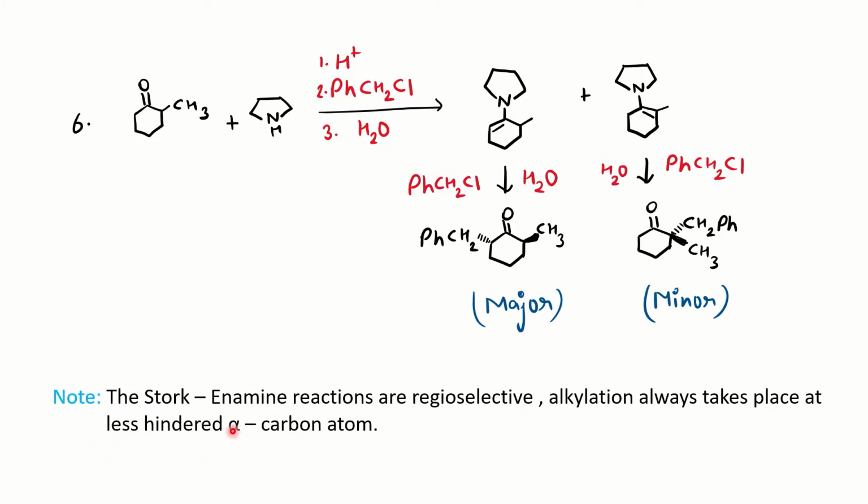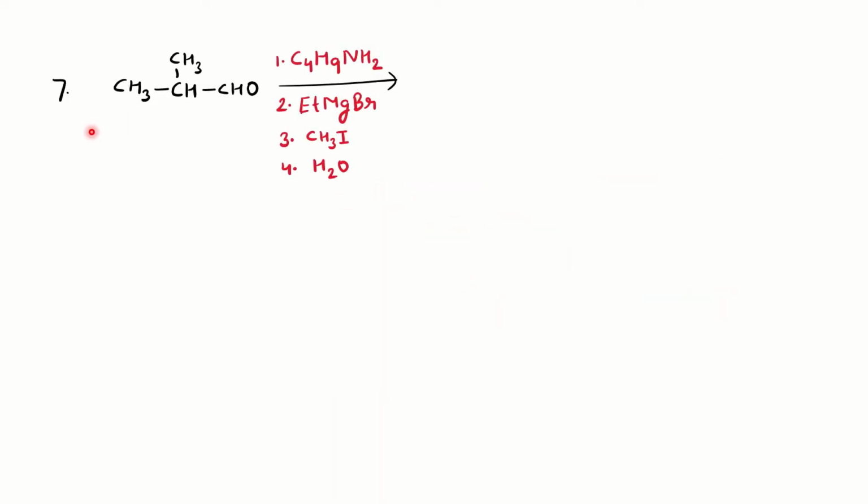If you keep this statement in mind, you can directly design the product. You can directly put this PhCH2 on the less hindered side and say this is the product without doing the mechanism, for those who are preparing for competition.